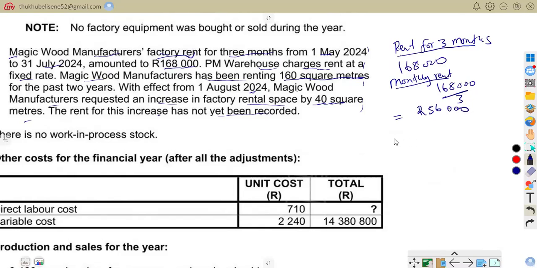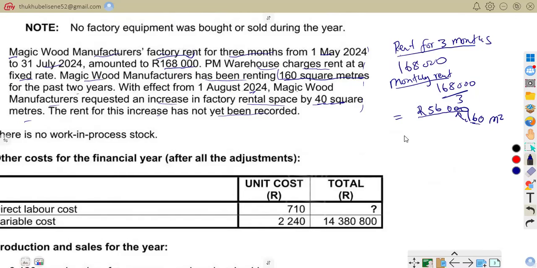This rent that we're talking about, 56,000, was for these 160 square meters for these past 2 years. This rent monthly is for 160 square meters.